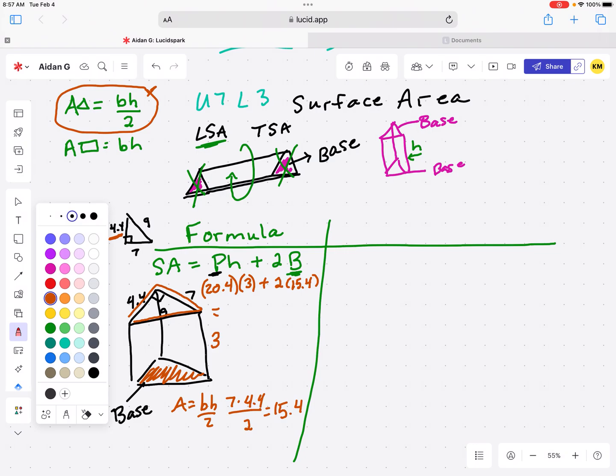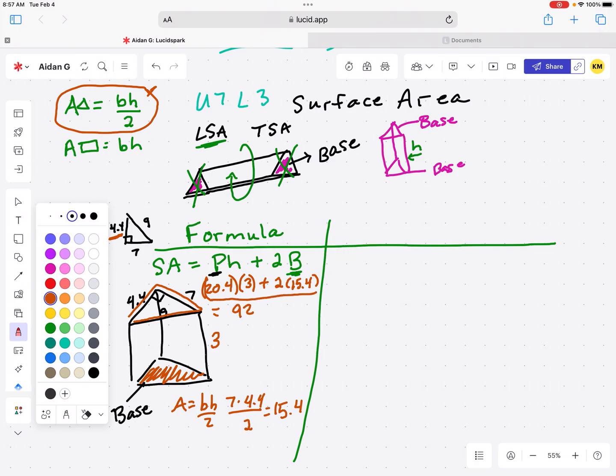When we put all of this into our calculator, just the way you see it: parentheses, 20.4, close parentheses, open parentheses, 3, close parentheses, plus 2, open parentheses. I'm doing it exactly the way it's written here.